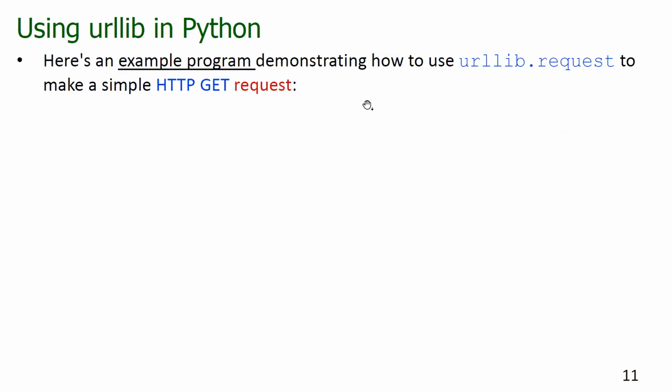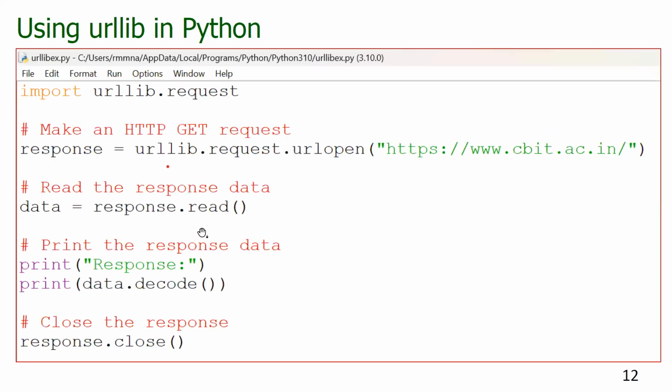Let us demonstrate one example program: how to use the urllib.request package to make a simple HTTP GET request. This is the program. First, we have to import the package using urllib.request. Then make an HTTP GET request using the method urllib.request.urlopen.